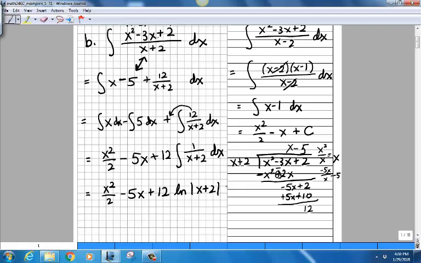Of course, we factored the 12 out earlier, right? So that's still going to be there. And there's your final antiderivative. So see, long division there really makes finding the antiderivative of this rational expression really quite easy, right?